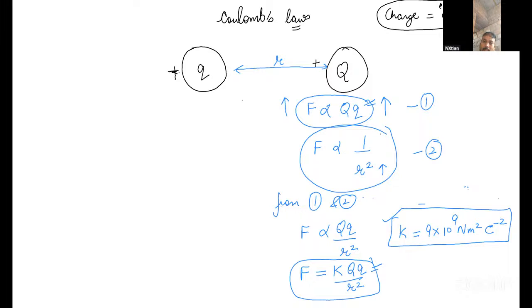Charles Augustin de Coulomb represented Coulomb's law.